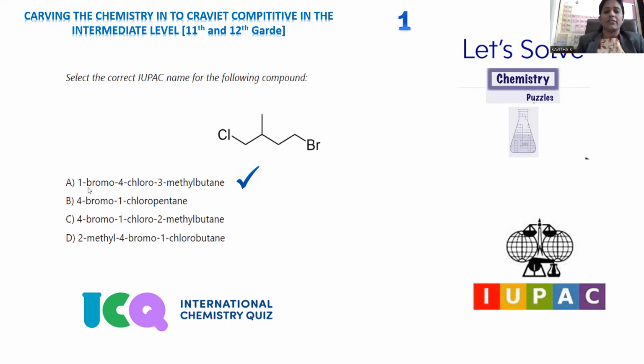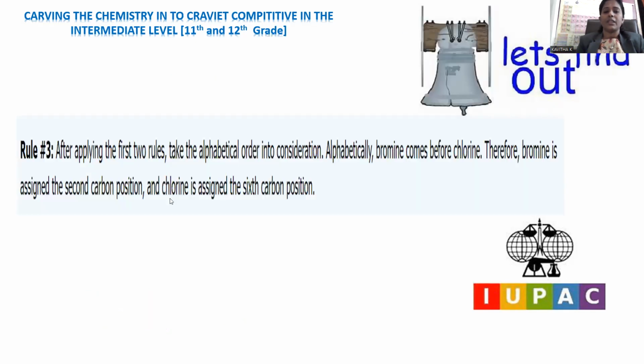So here, the correct answer will be 1 bromo, 4 chloro, 3 methyl butane. Let's see how we can get this answer exactly. In order to get that, we have to go for the IUPAC rules. According to IUPAC, rule number 3 is: after applying the first and second rules, alphabetical order will be considered if more than one functional group is present in the given compound.